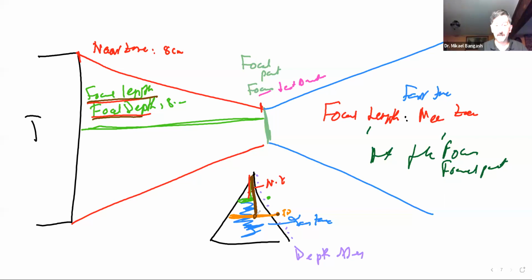So what was the focal point or focal depth? You can measure it as the depth at which the beam focuses. And what did it mean to focus? It meant that the beam reaches its narrowest diameter. So if you set your focal point at 3 centimeters, what is it that you're doing?